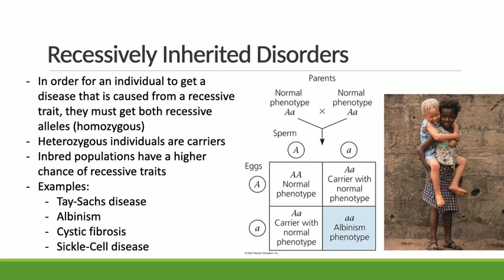So here are these super adorable siblings, a sister and a little sister or brother. And this little brother or sister is albino, and that means that they do not produce melanin that gets deposited into their skin or hair.